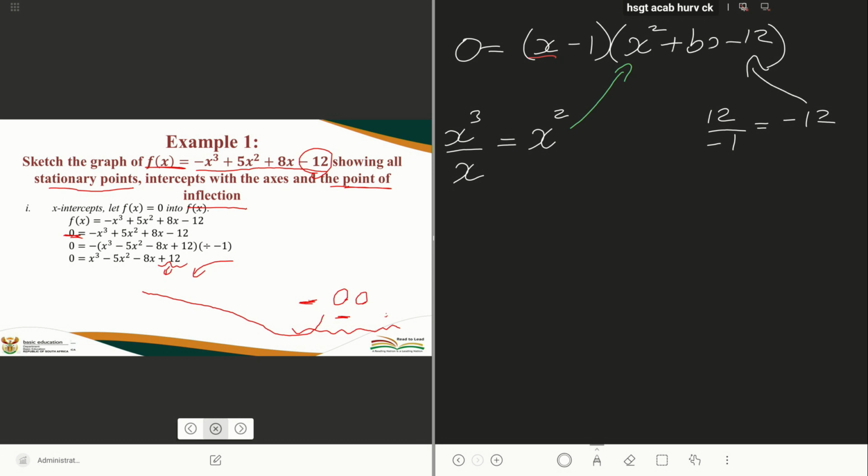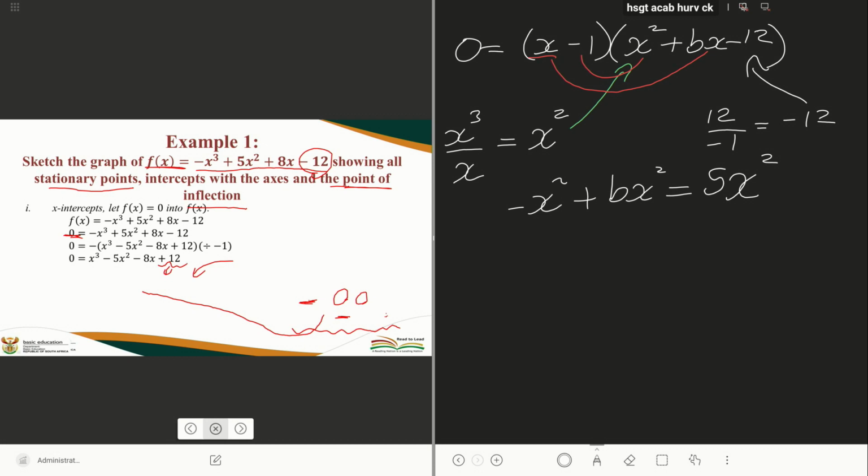Plus bx. I don't know b at this moment, so how can I get b? I will say negative 1 times x squared plus x times x squared. So I get negative x squared plus bx squared, and the term in f of x that also has x squared is the one that has 5.